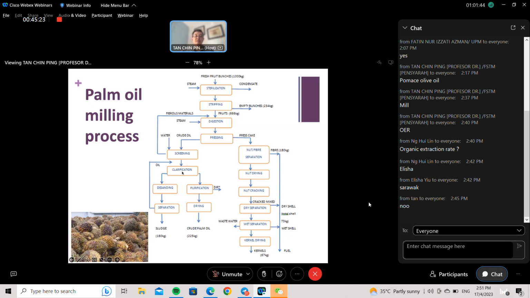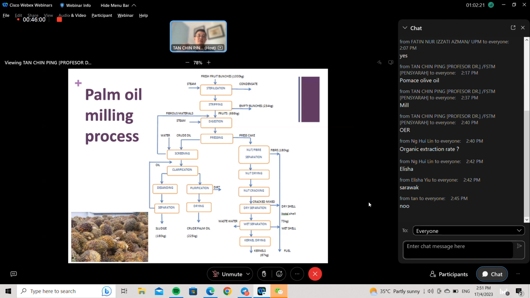In clarification, they go through passive clarification, putting it into a clarification tank to let gravity separate water and oil. Based on your primary science, you know oil is going to stay on top of water. After a while there are two separated layers, and you discard the water at the bottom and collect the crude oil.